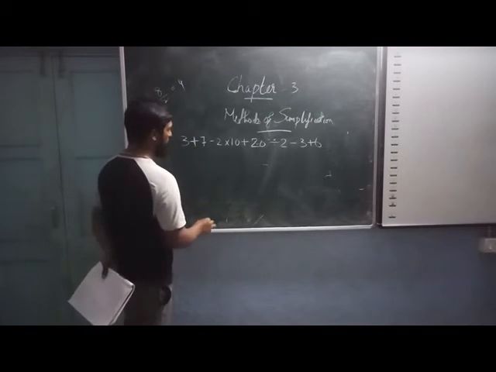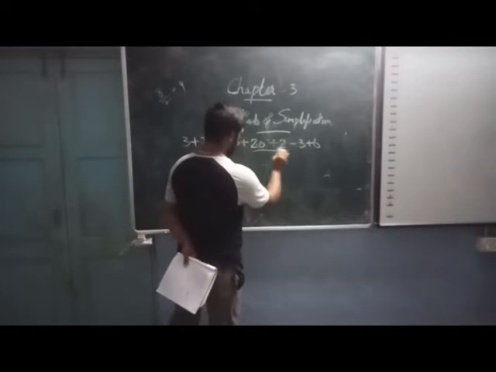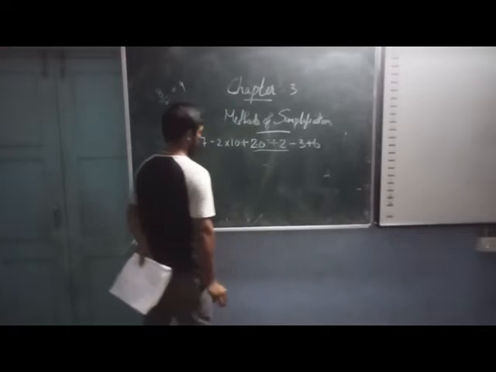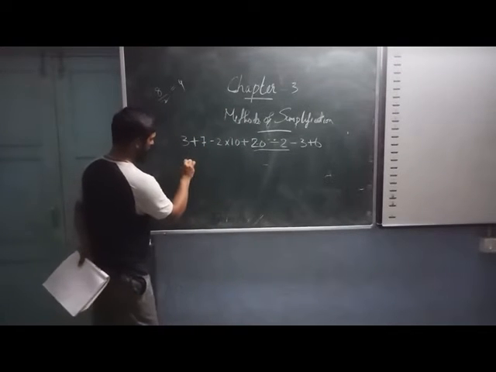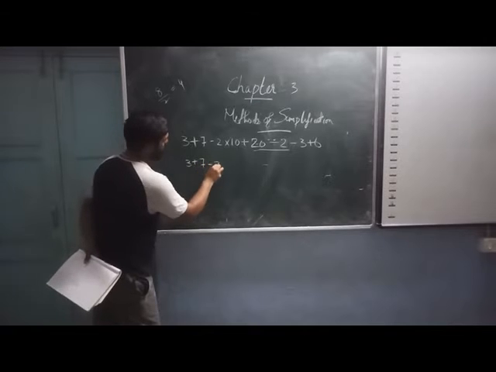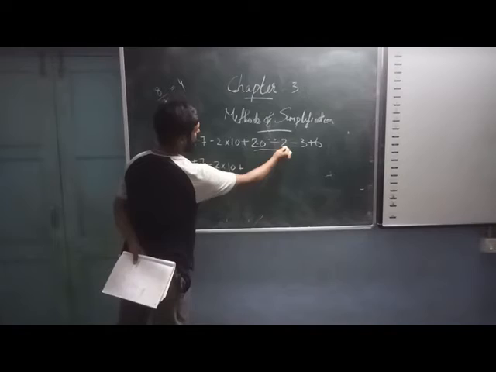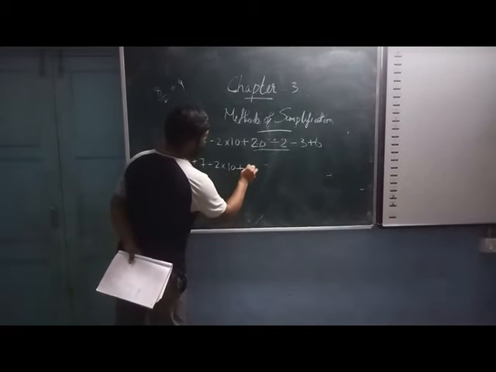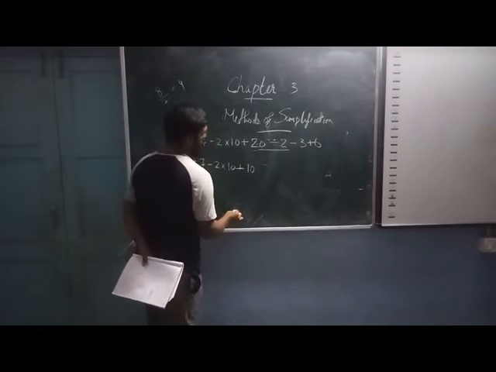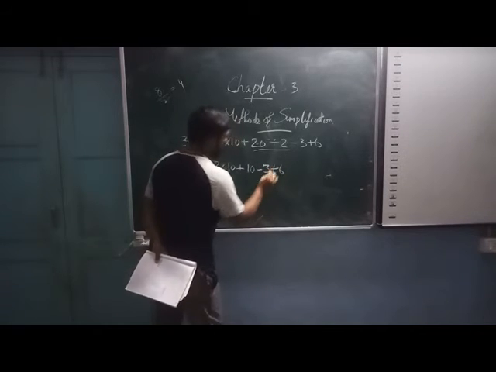Remember, the first operation is always division. Here there is only one division, that is 20 divided by 2. So write all the other operations: 3 plus 7 minus 2 into 10 plus 10 minus 3 plus 6.